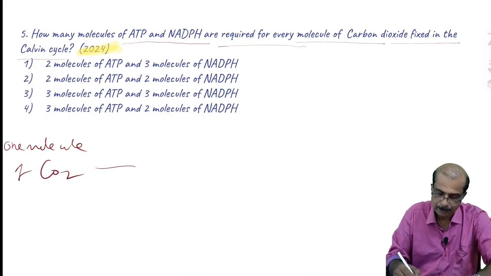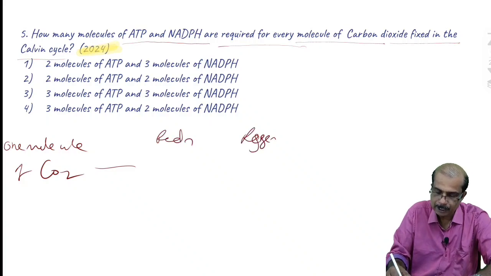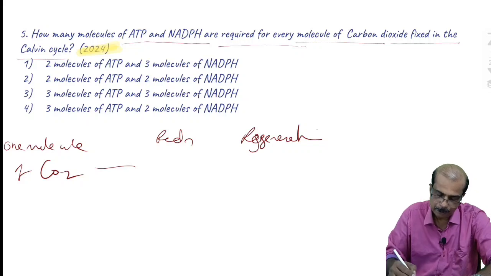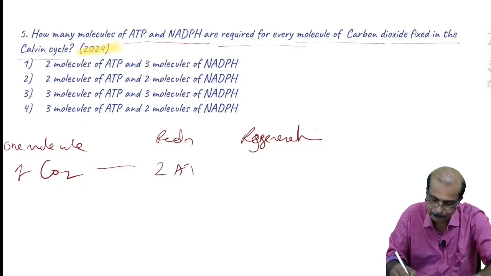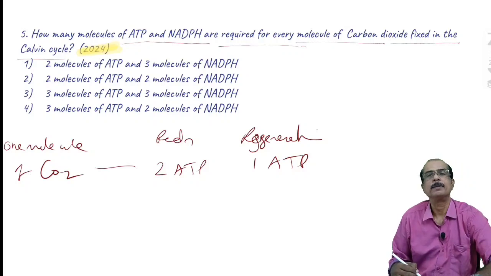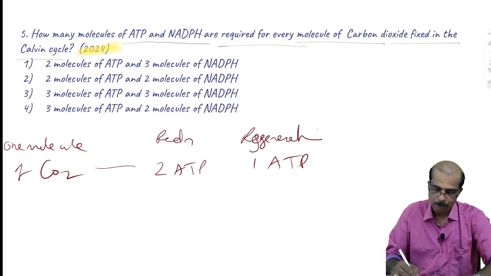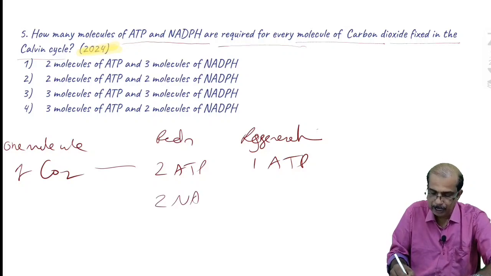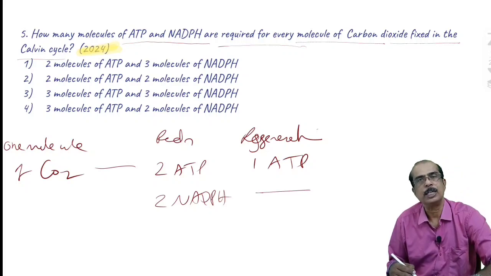First stage, reduction, and regeneration are there. For reduction, 2 ATP. For regeneration, 1 ATP is used up. For reduction, 2 NADPH are used. No NADPH is used during regeneration.